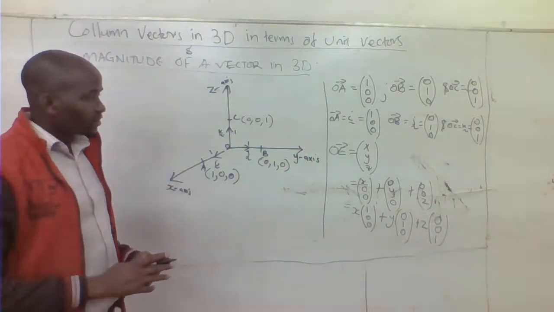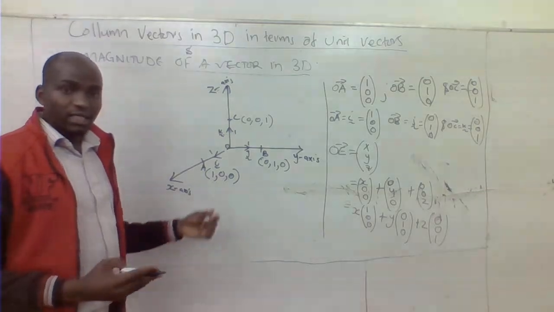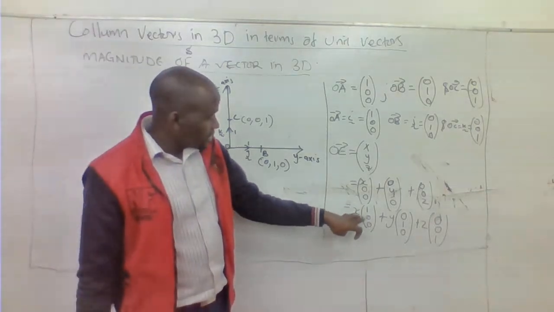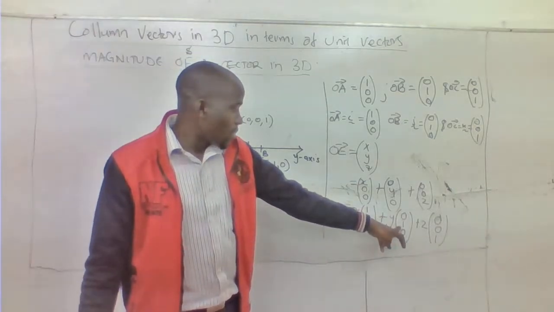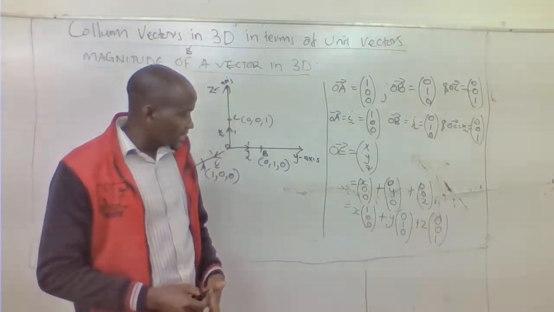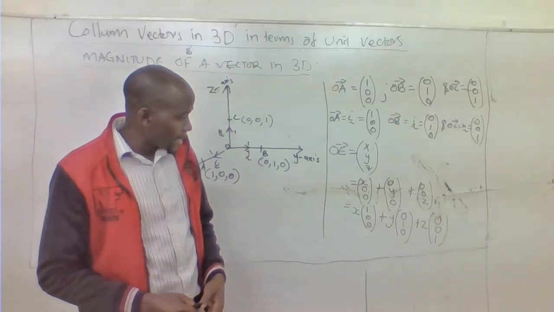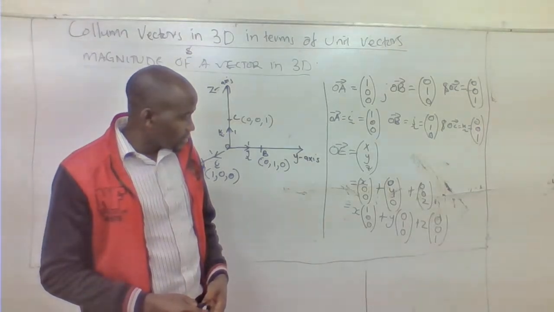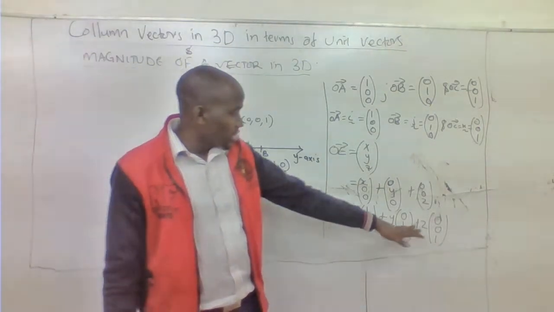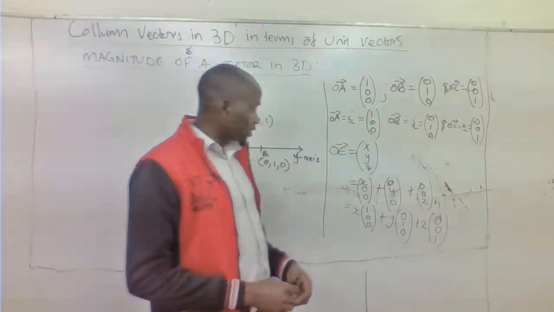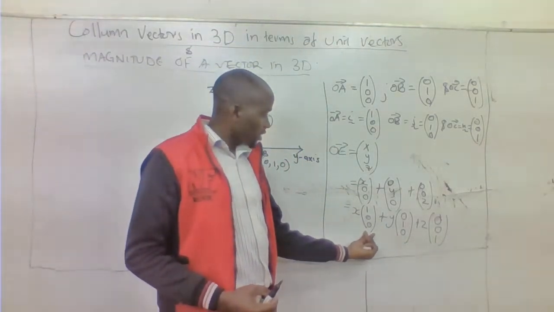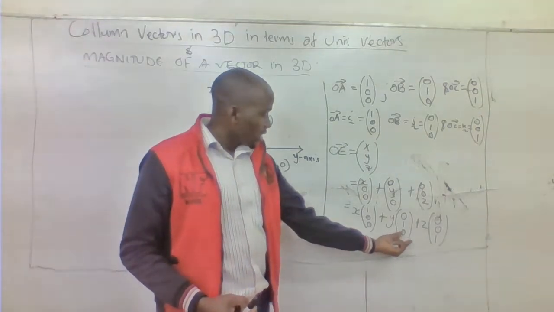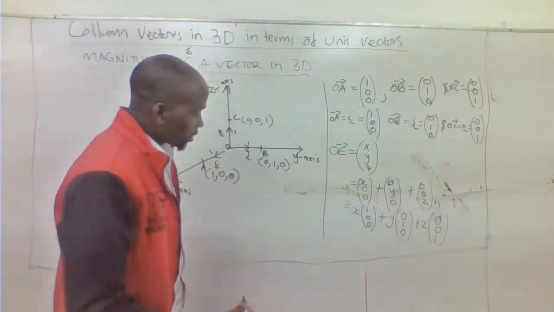But remember what we have just said. We have said 1, 0, 0 represents unit vector i, then 0, 1, 0 represents unit vector j, then 0, 0, 1 represents unit vector k. So wherever we have these, we can substitute i, j, then k. So what does this mean?